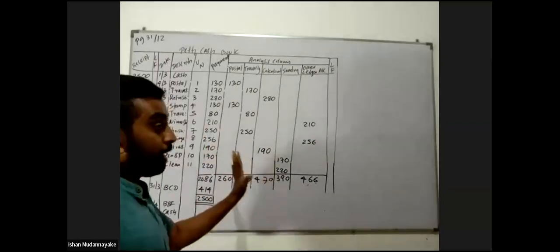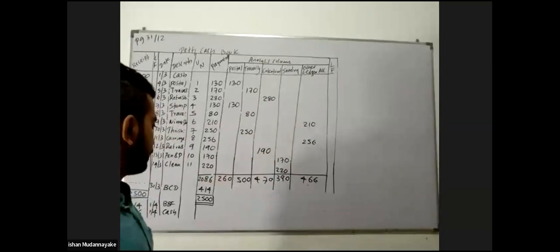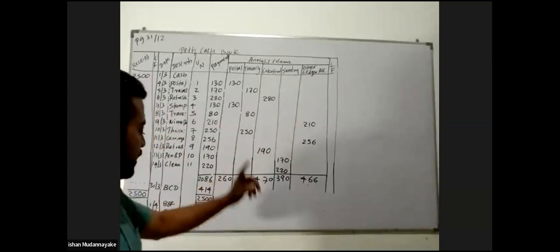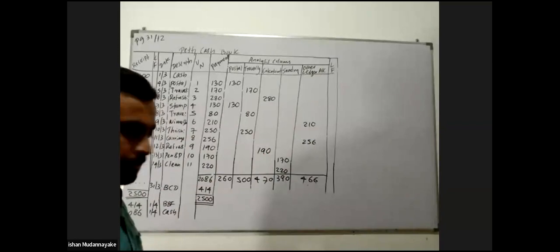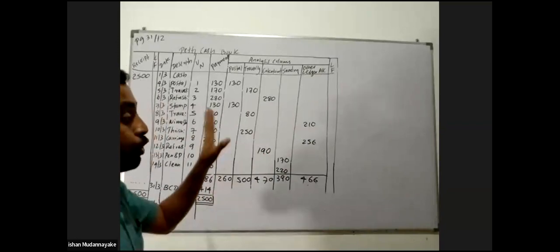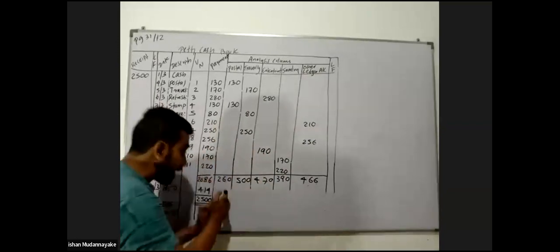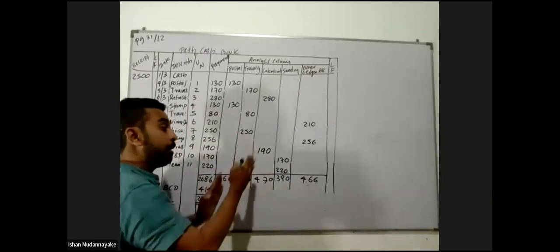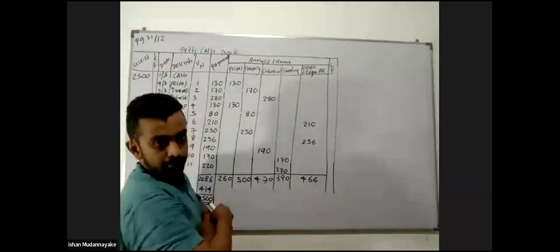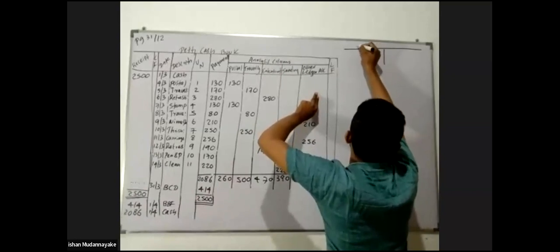Now you need to prepare the relevant other ledger accounts. Postal expenses 260: you need to debit here, petty cash book credit. Prepare the postal expense account. In the exam, you will prepare a structured format of the ledger account.